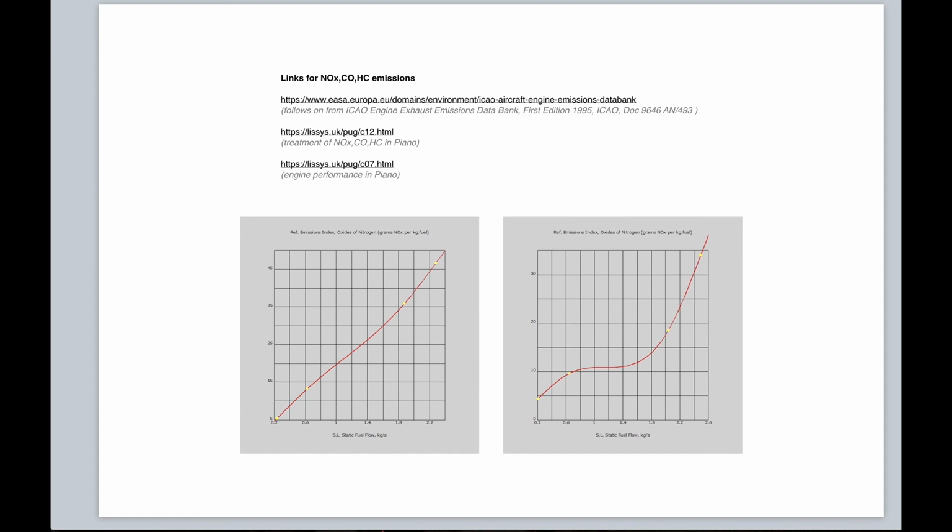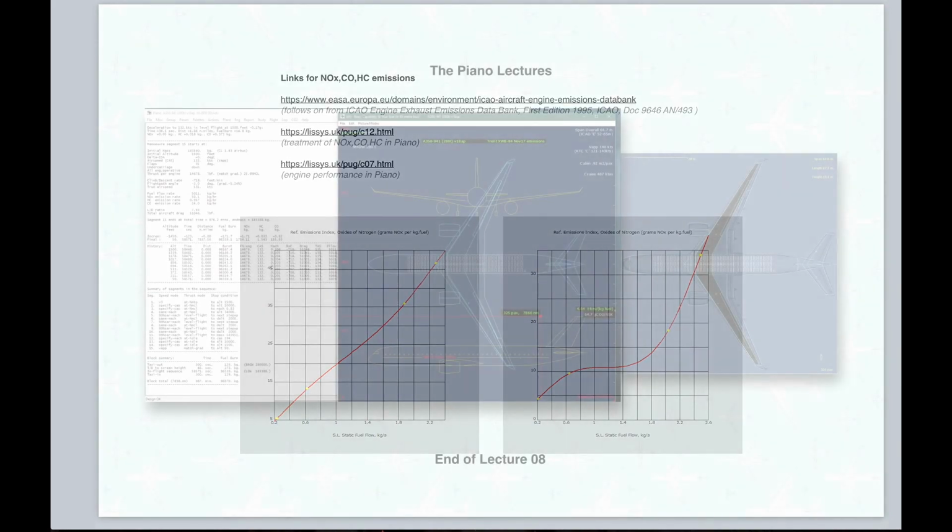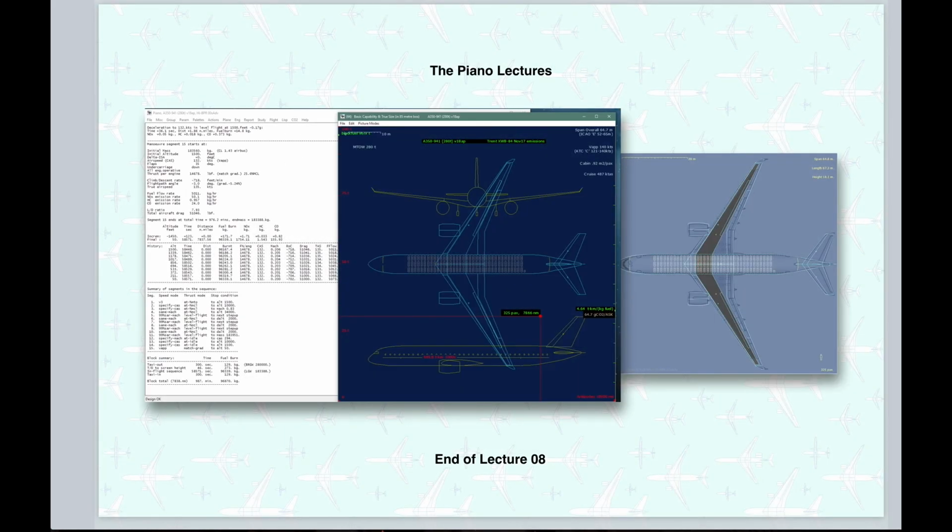Engine performance characteristics from Piano's rubber engine models are completely independent of whatever NOx, hydrocarbon and CO emissions indices you choose to apply. The only connection is that fuel flows from the models are used to evaluate the indices throughout the flight. Let me pause here. In future lectures, we will also turn Piano's focus to examples of a rather different kind, a business jet and a turboprop.